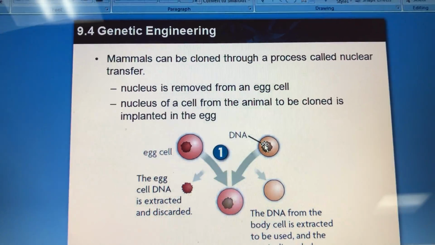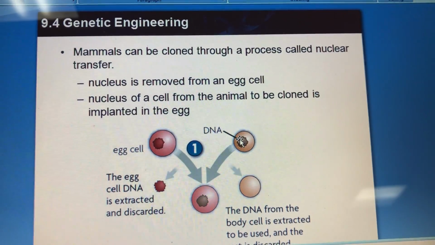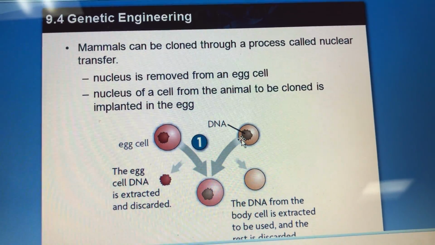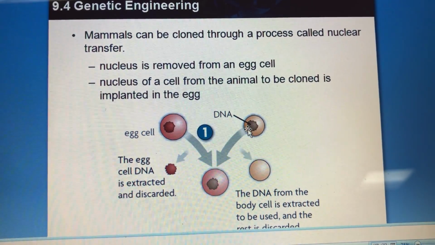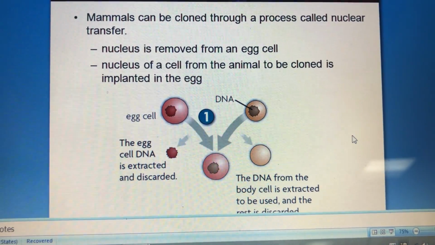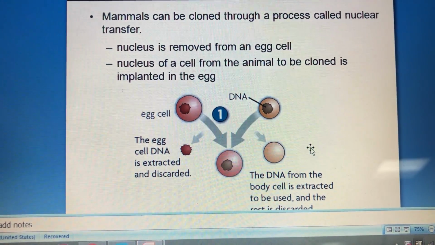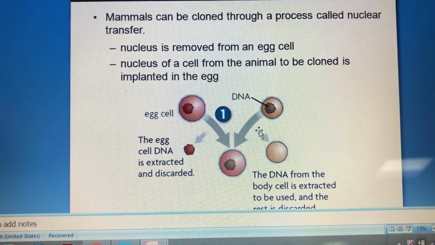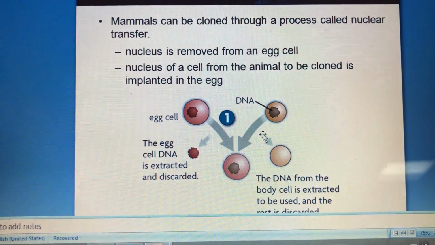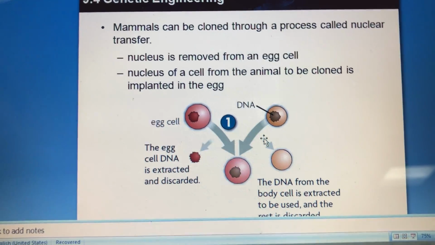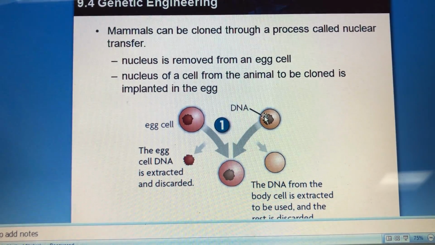So the nucleus of a cell from the animal to be cloned is implanted in the egg. After this, this egg will be inserted in another female sheep and it will start to divide and produce the new offspring.